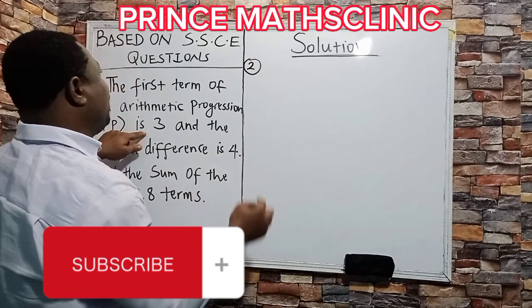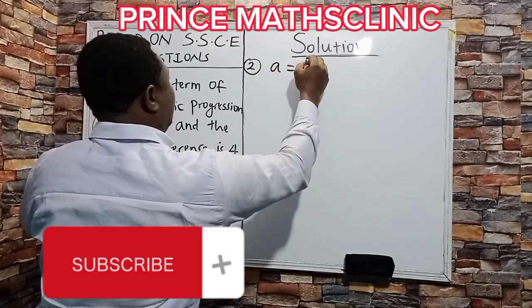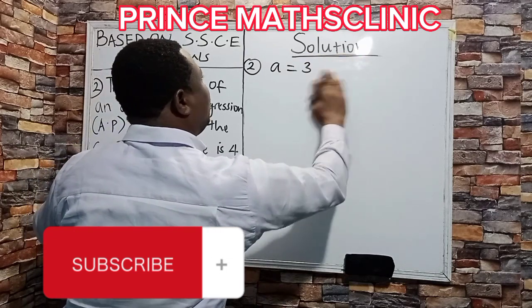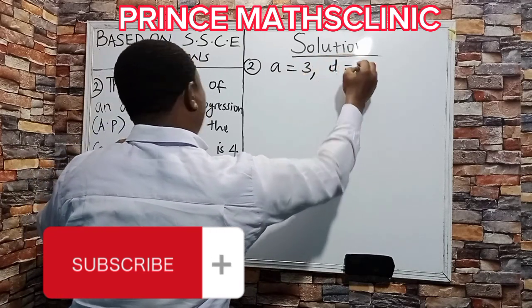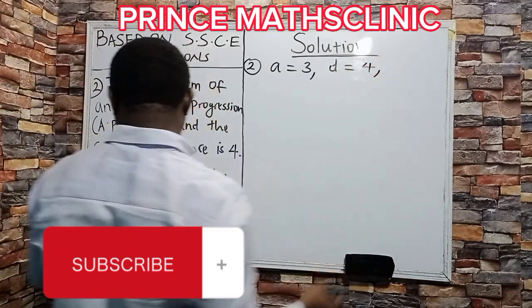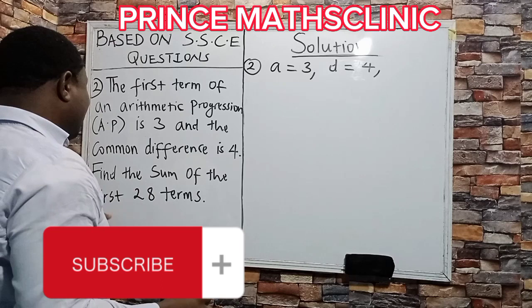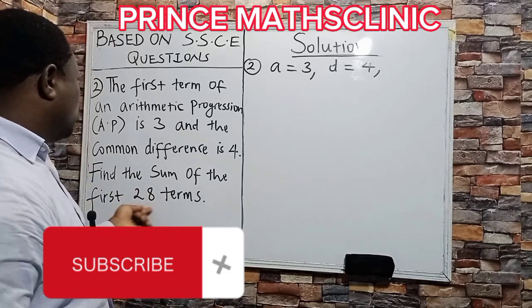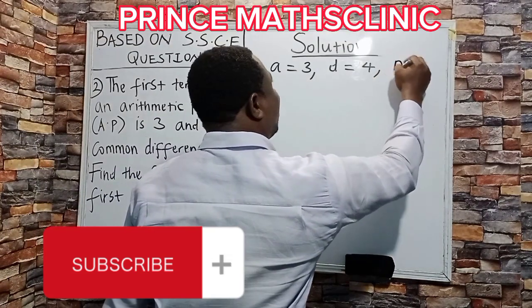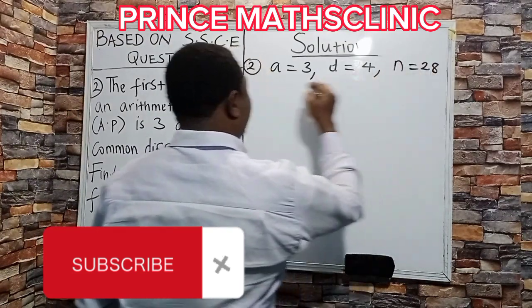We are given that the first term, which is A, is 3, and the common difference is 4. And we are given n because it said the 28 terms, that talks about n. We have to find the sum of those 28 terms.